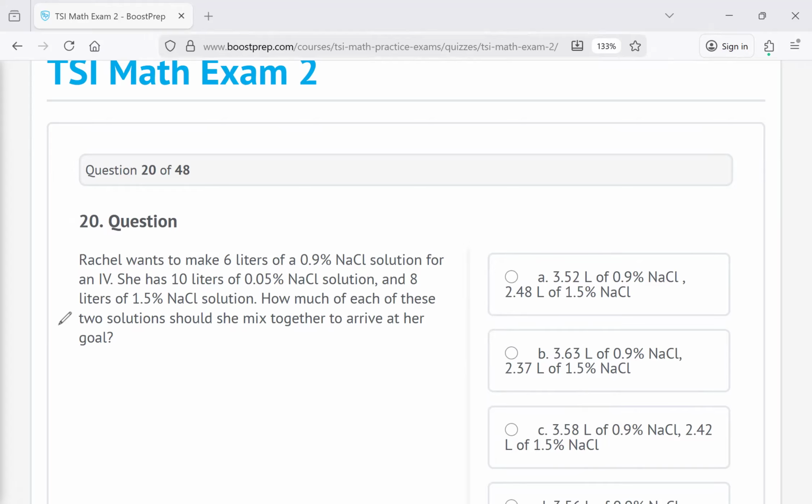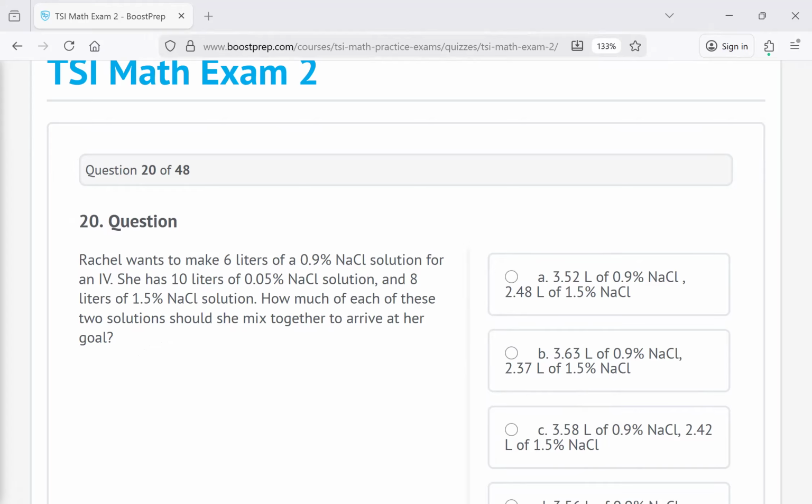Okay, so this is how we're going to do it. What do we know? It says, how much of these two solutions should we mix together?